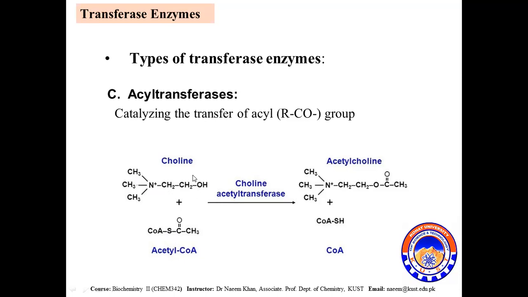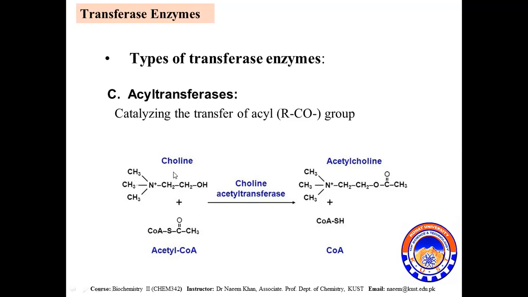Acetyl coenzyme A reacts with choline by the choline acetyltransferase enzyme, and we get acetylcholine. This acetyl group is now linked with the choline, and the hydrogen is captured by the coenzyme. So coenzyme A transfers the acetyl group to choline.